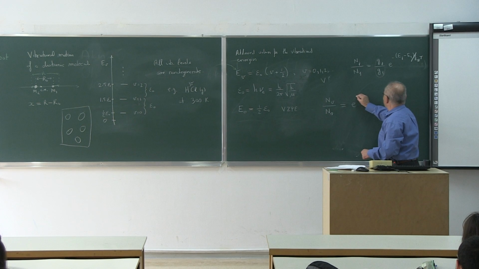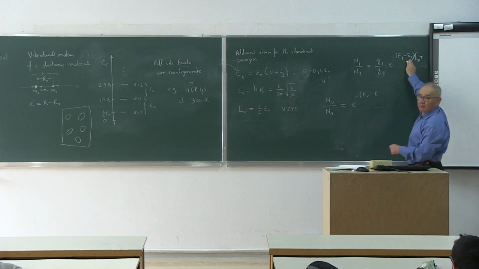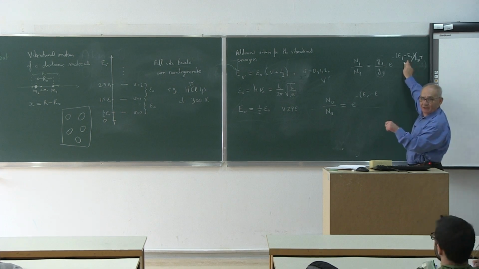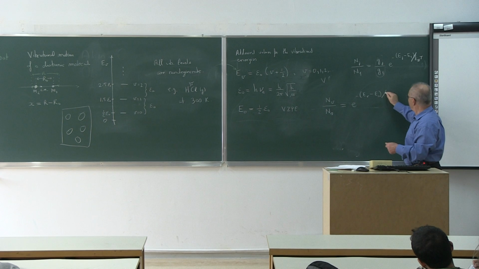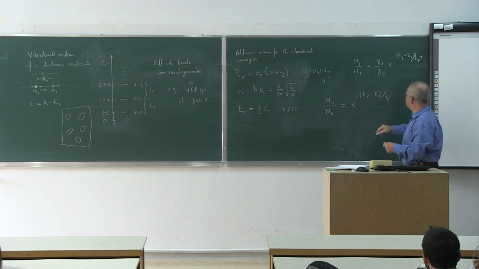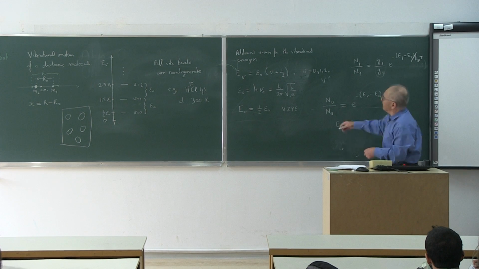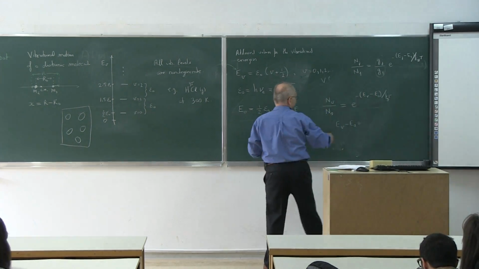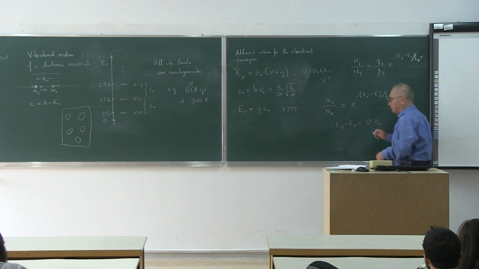Then e to the minus E_v minus, what is the v value for the ground level, lowest energy level? 0, isn't it? E_v minus E_0, as you see here, v times hν_0.